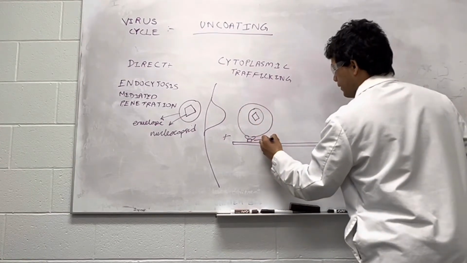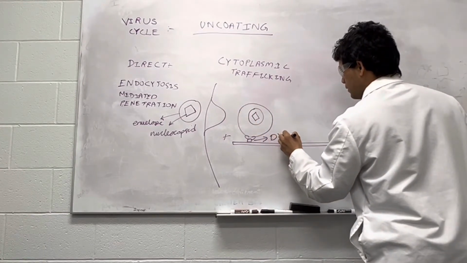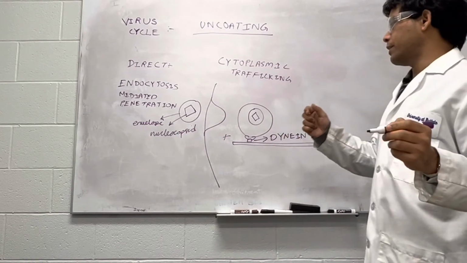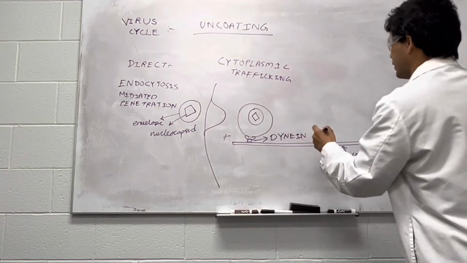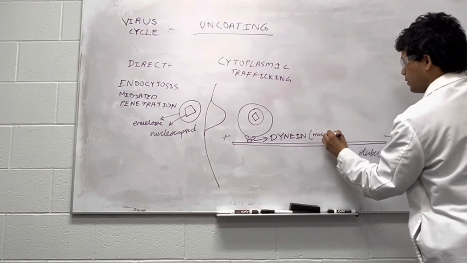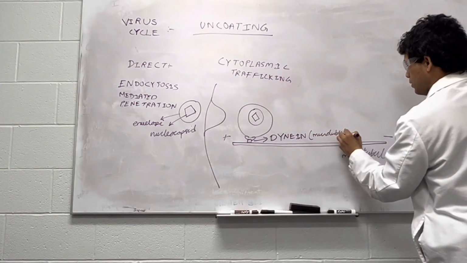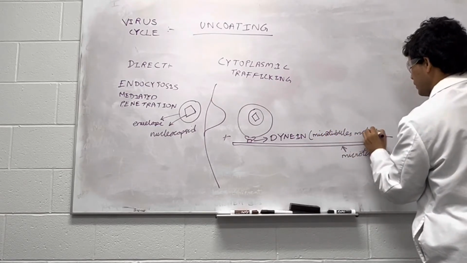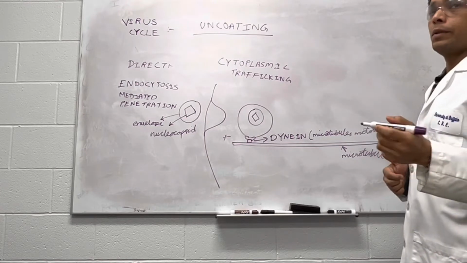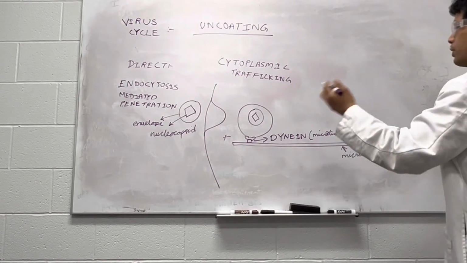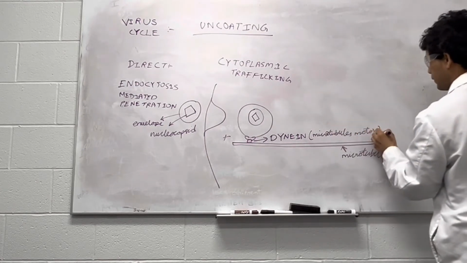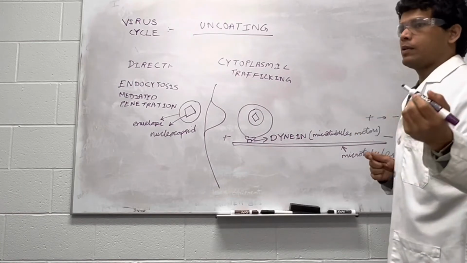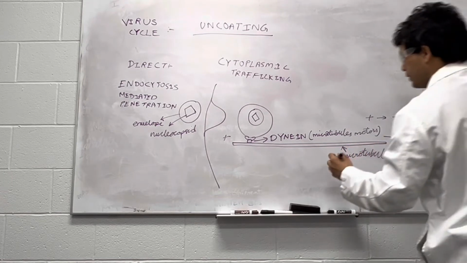One is dynein, which usually carries vesicle proteins from positive to negative, and another microtubule motor is kinesin.